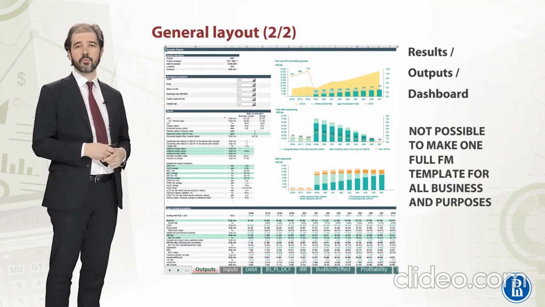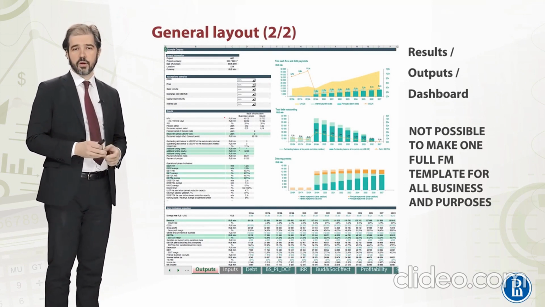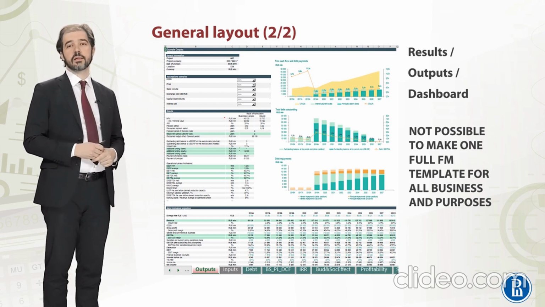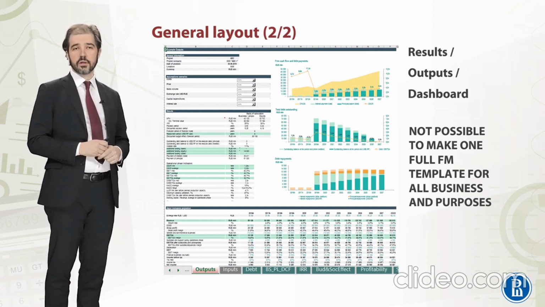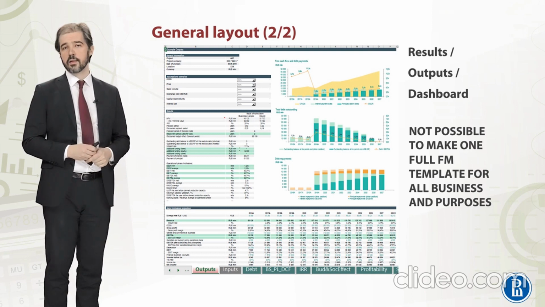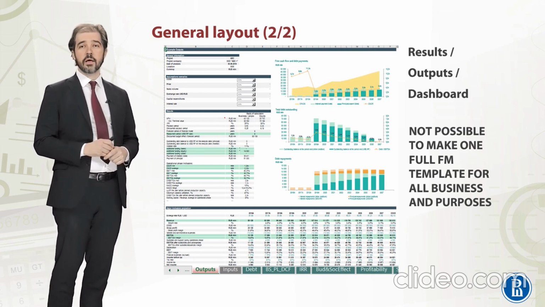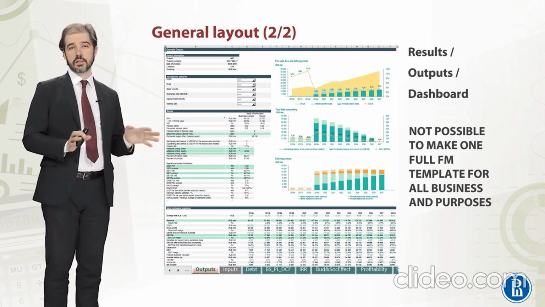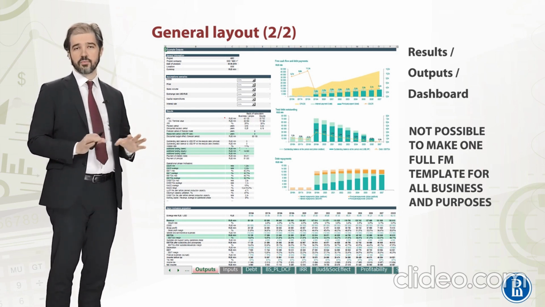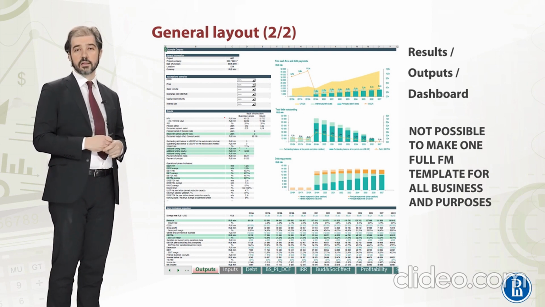Here we see an example of one results list. We may call it different ways: results, outputs, dashboard, control lists, all possible, and honestly evenly used between different banks and consultants.